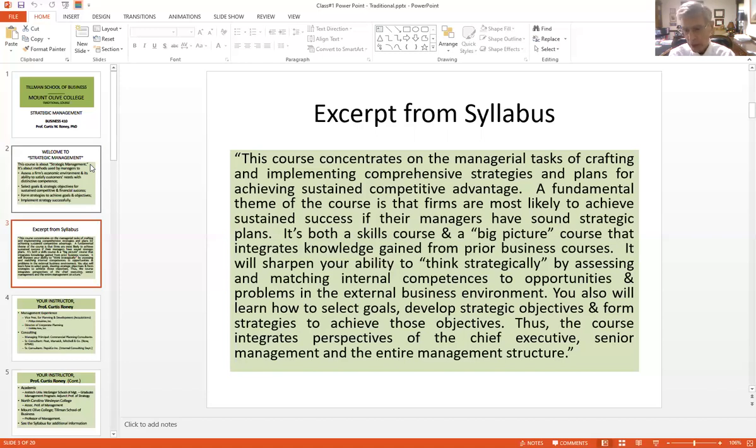It'll sharpen your ability to think strategically by assessing and matching internal capabilities and competences to opportunities and problems in that external business environment. You also will learn how to select goals, develop strategic objectives, and form strategies to achieve those objectives. Thus, the course integrates perspectives of the chief executive, senior management, and the entire management structure.